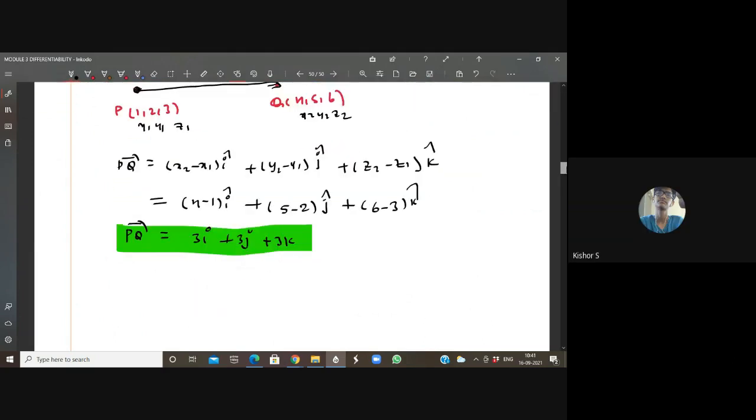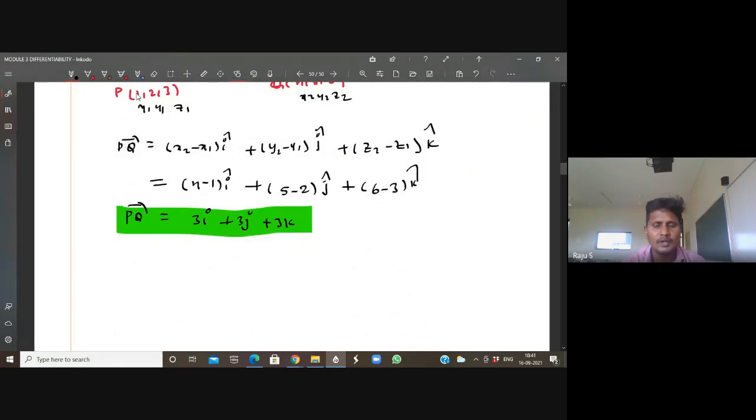Okay, sure. In another way, what is the position vector of the point P? Method 2: first, find the position vector of the point P, which can be written as OP. Simply that is i plus 2j plus 3k. And in the same way, Q is also given.